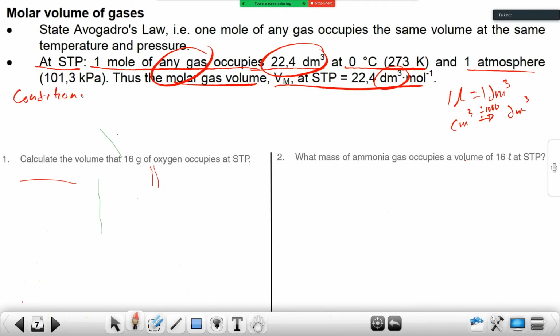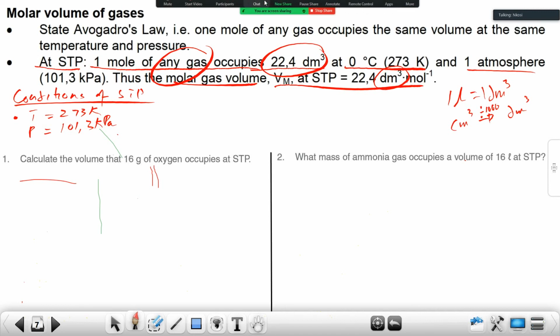Conditions of STP: temperature must be 273 kelvins, and pressure must be 101.3 kilopascal. Very, very important. Once that is addressed, we are in a position to clearly understand.